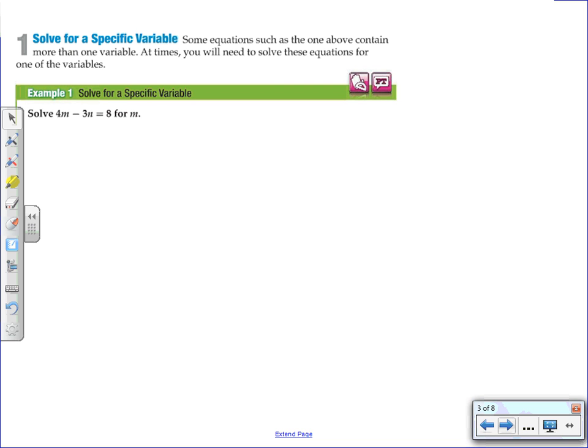Some equations have more than one variable, and sometimes you need to solve an equation for just one of those variables, and that's what we're going to practice doing today. So for instance, I have 4m minus 3n equals 8.